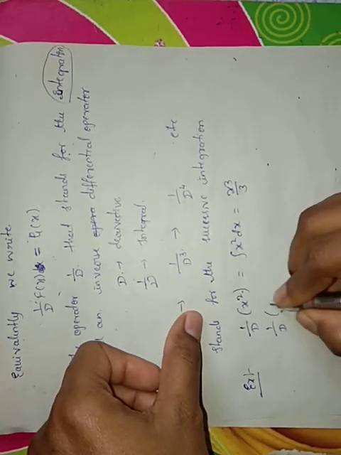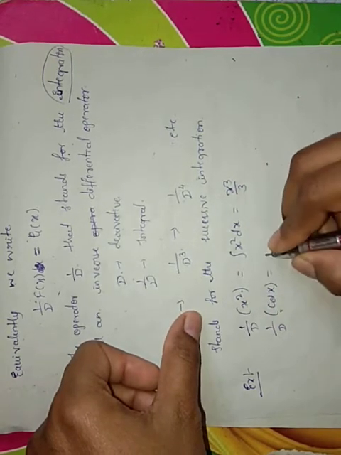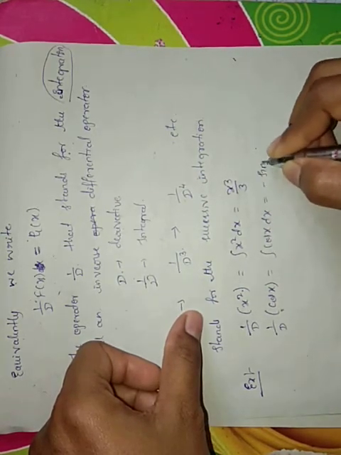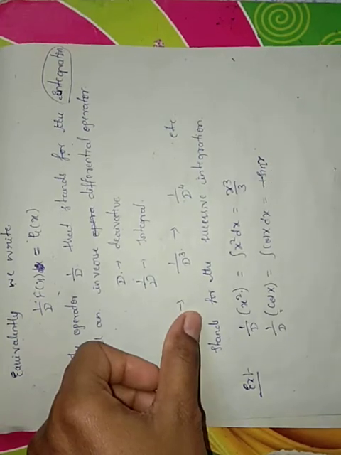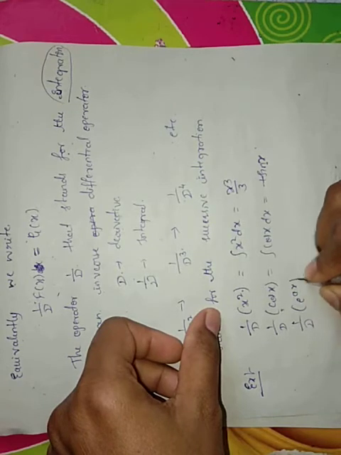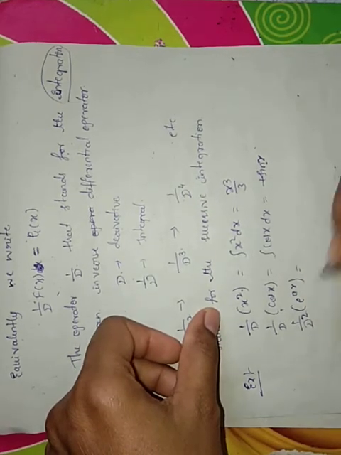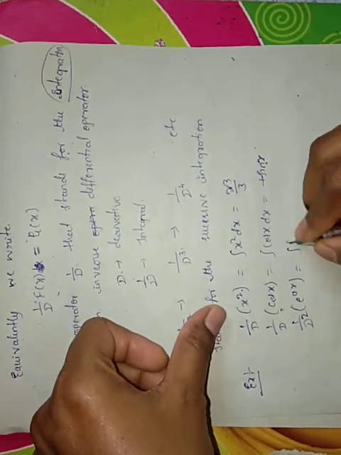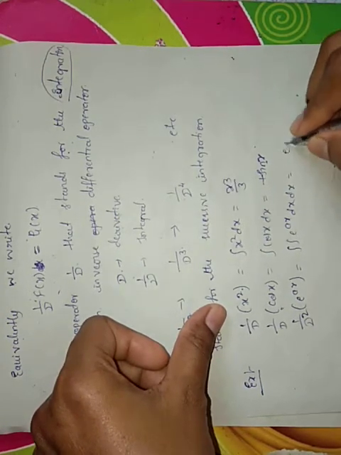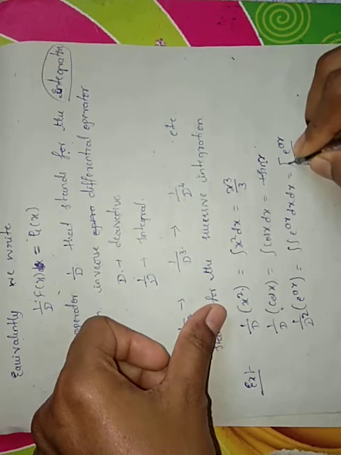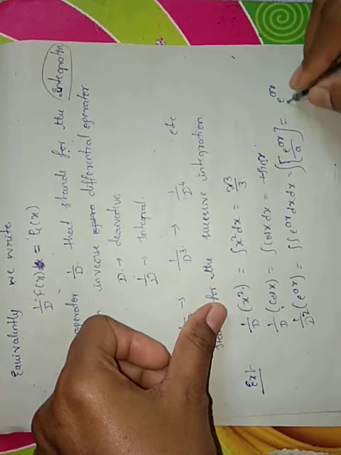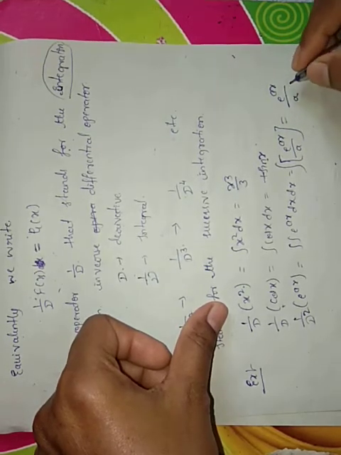Now 1 by D of cos x is equal to the integral of cos x with respect to x, which is sin x. 1 by D of e raised to ax is equal to 1 by D square of e raised to ax, equal to the double integral of e raised to ax. The first integral is e raised to ax by a, and again the integral is e raised to ax divided by a square.